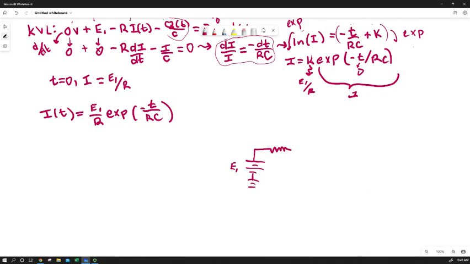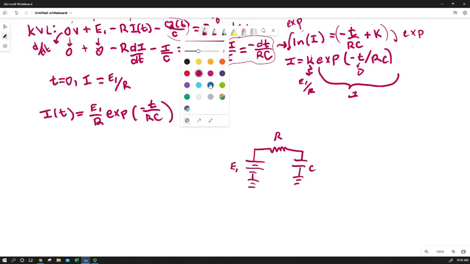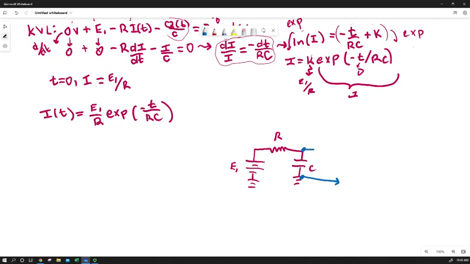I'm going to draw it without the switches because I'm just going to assume that we've got this circuit right now. So here's our capacitor and a resistor. We're going to end up measuring between ground and that point to give VC.